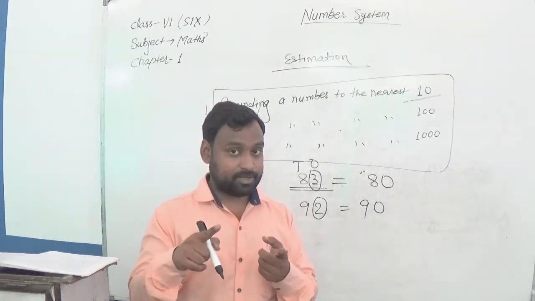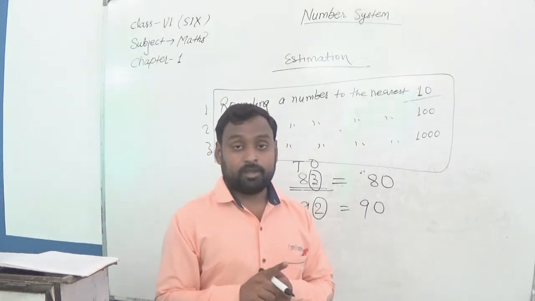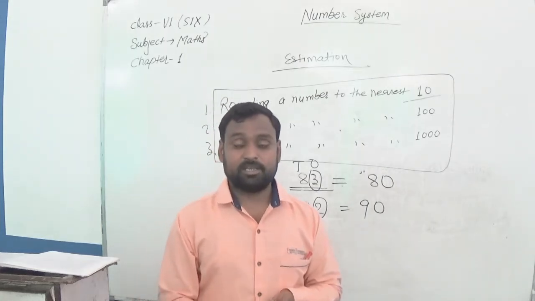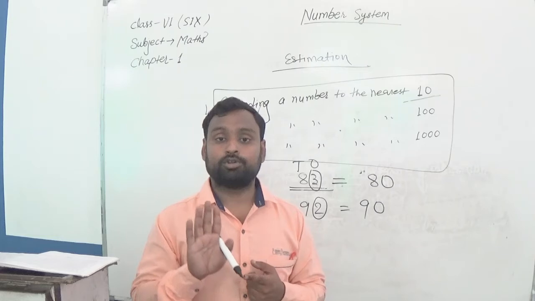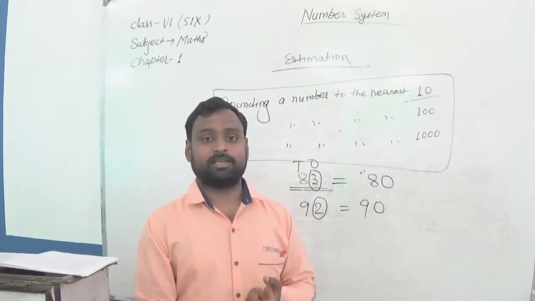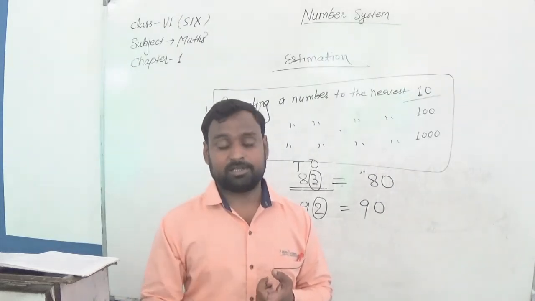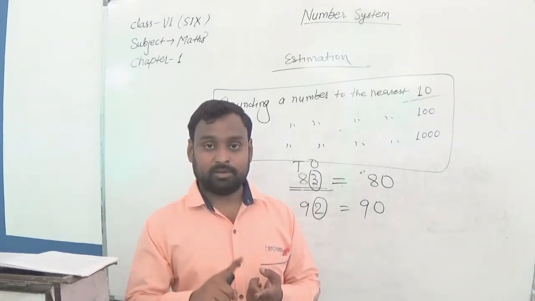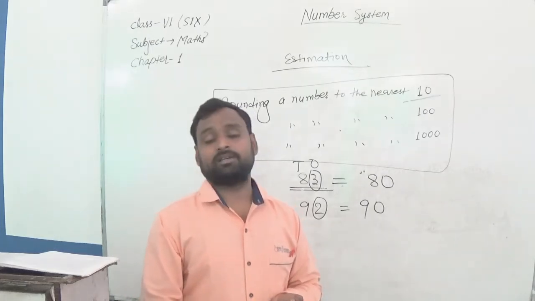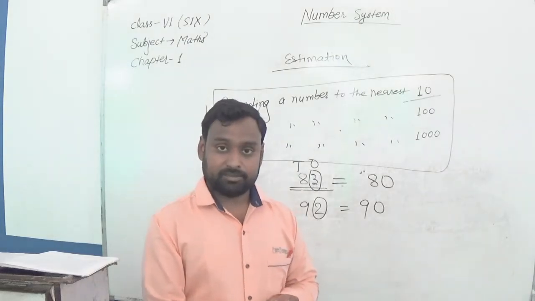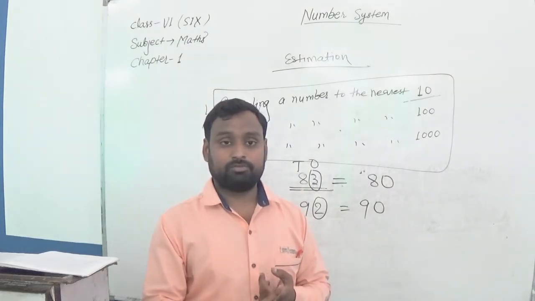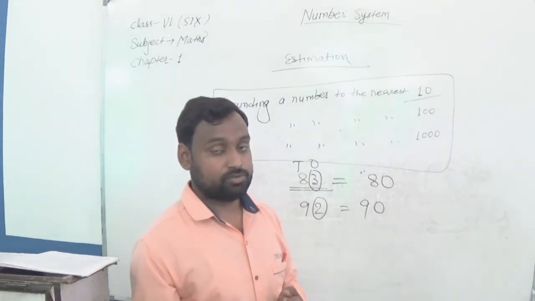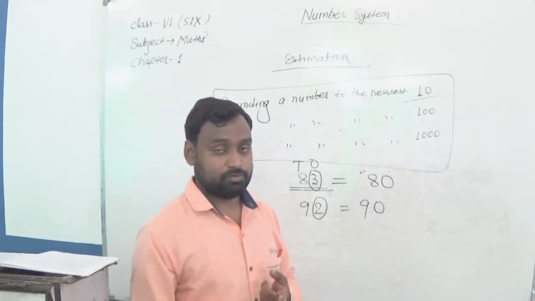Once again I am repeating, listen carefully. When the digit at the ones place is 5 or more than 5, in that case increase the digit at the place of tens by 1 and replace the digit at the place of ones with 0.